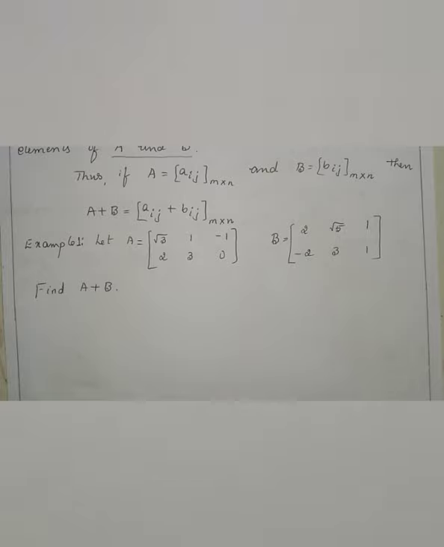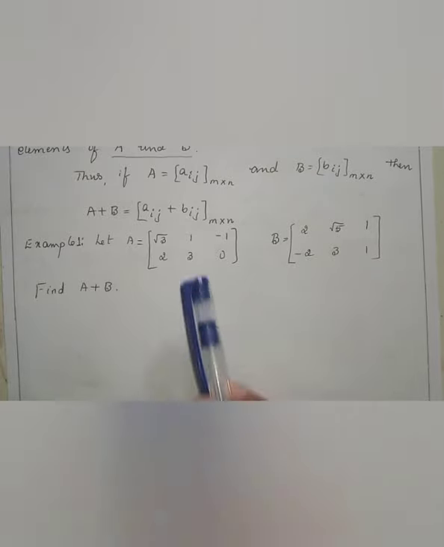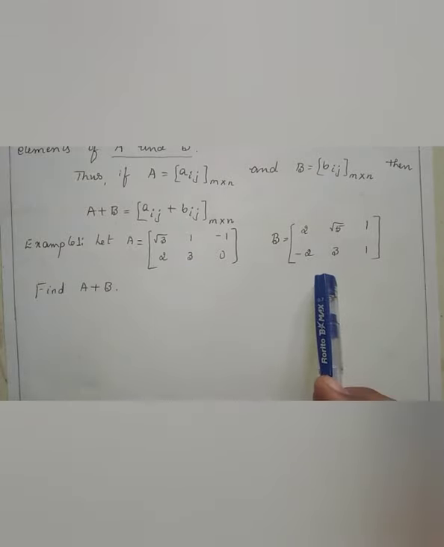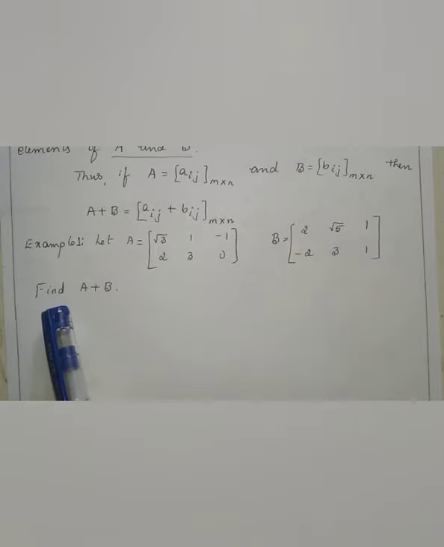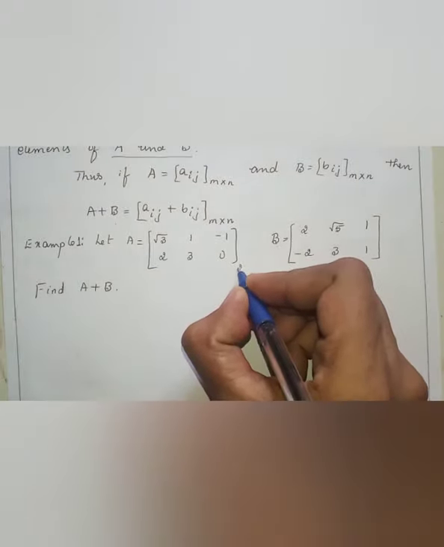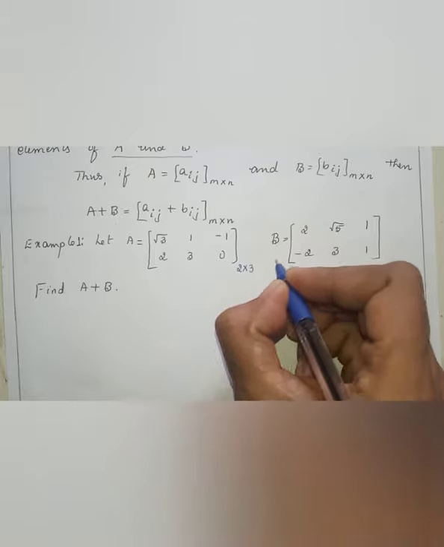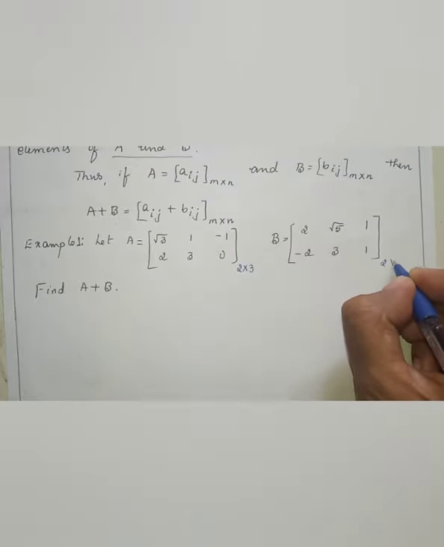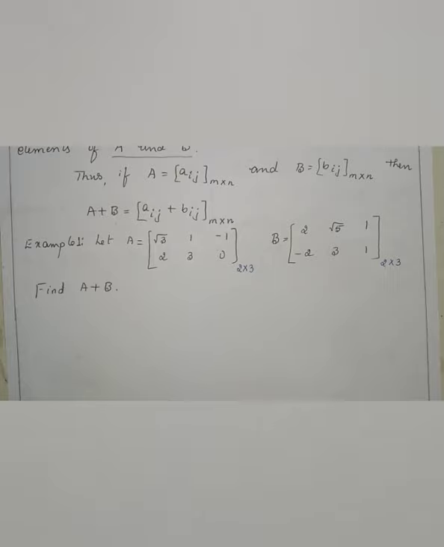Let's take one example. Let A be this matrix, and B is one more matrix. We have to find A plus B. Before going to addition, first check the order of the matrices. Order of A is 2 by 3 and order of B is 2 by 3. Number of rows is 2, number of columns is 3.